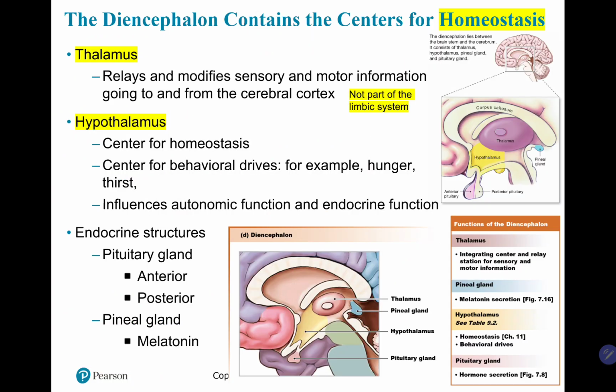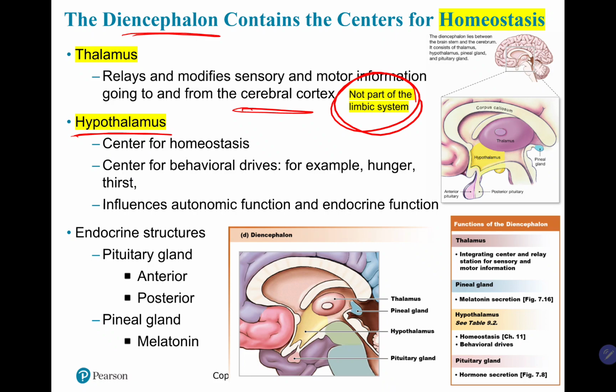The thalamus, so now we're in the diencephalon region, is going to contain those centers of homeostasis. The thalamus is able to relay sensory information and motor information that's coming from and going to the cerebral cortex. Remember, the thalamus is not part of the limbic system. The hypothalamus is really important. We talk about that a lot.